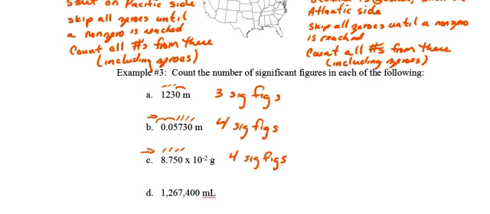And letter D, the decimal is absent, so you start on the Atlantic side, skip over all the zeros, and now start counting. 1, 2, 3, 4, 5. Five sig figs.